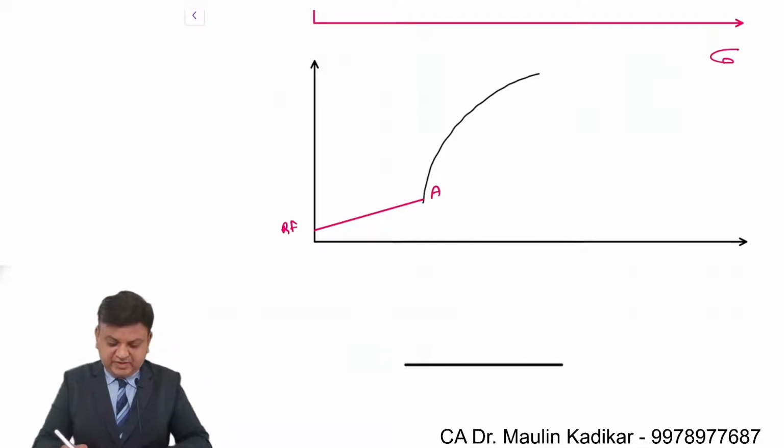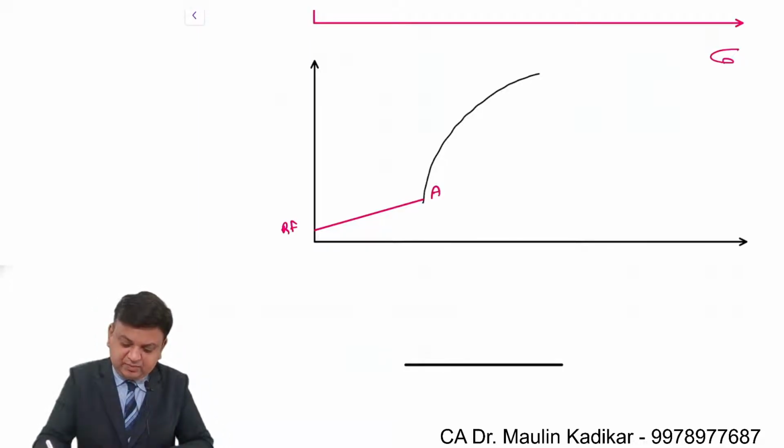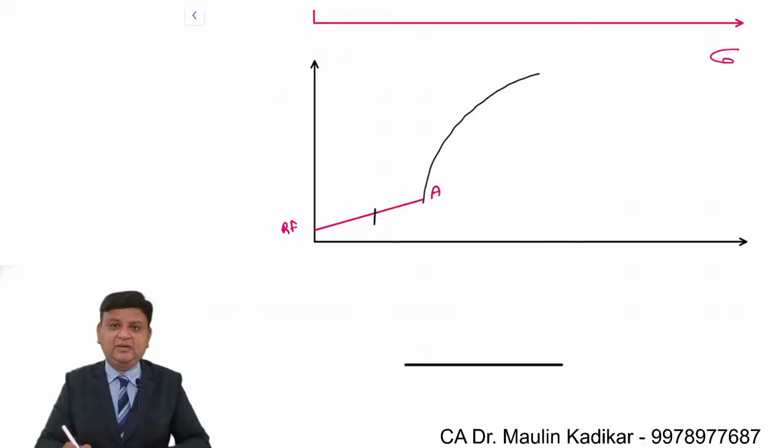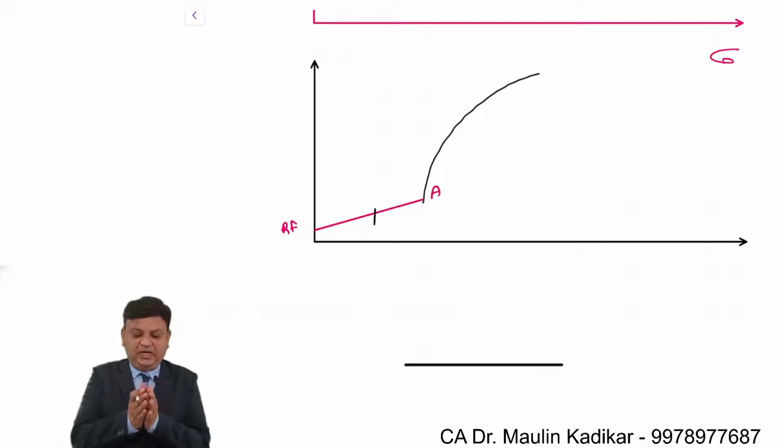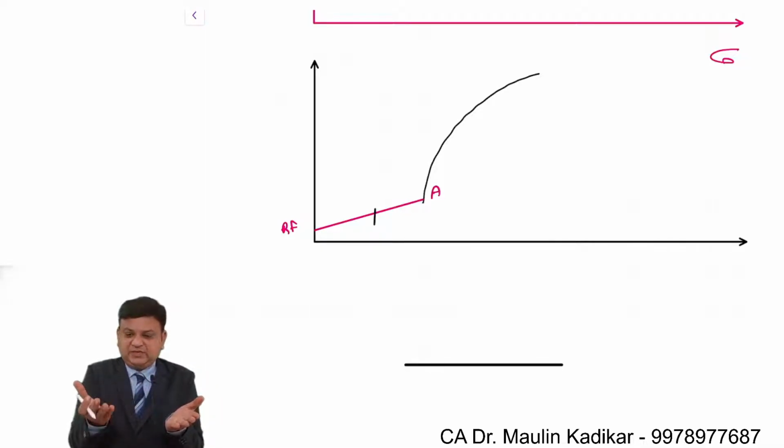In this diagram, friends, let us say exactly the in-between point is this. Now what does that indicate? It is indicating that an investor has made investment in both the securities in equal proportion, that is risk-free security and portfolio A.